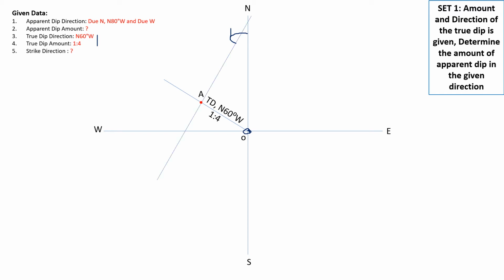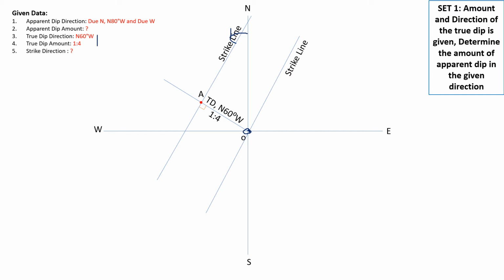Then I'll mark the true dip. After marking a perpendicular line, I'll transfer the same line at point O, and I'll name them as strike lines. So with true dip the work is over.